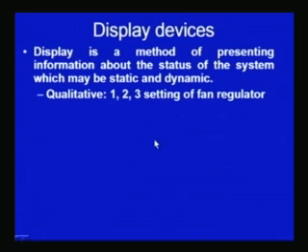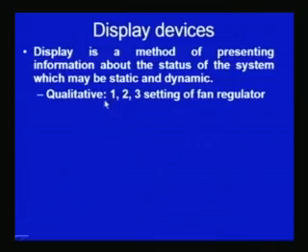Different types of display devices are used which may give the data in the form of quantitative or qualitative data, like the display devices which are used typically in fan regulators, where we find either 1, 2, 3, 4, 5. This actually does not indicate the speed of rotation of the fan.